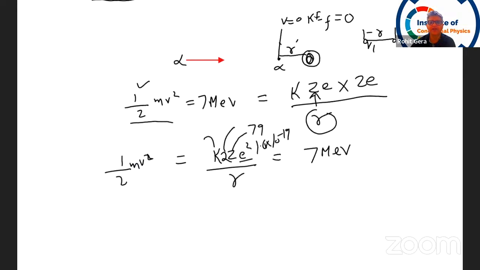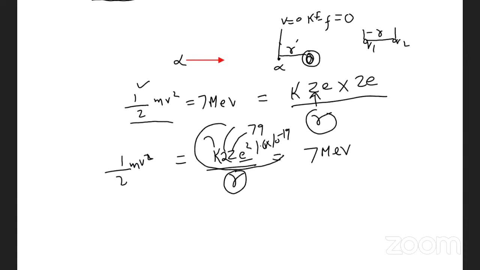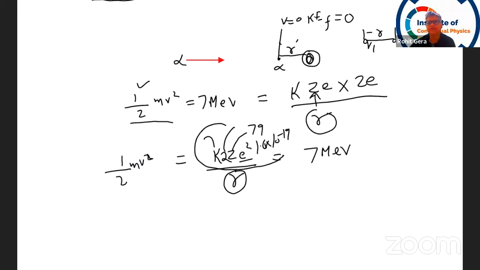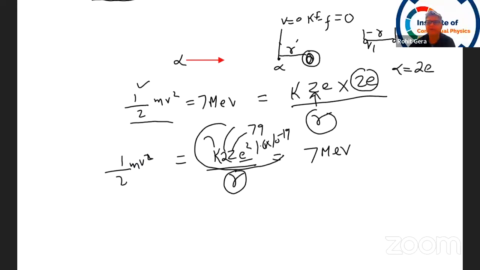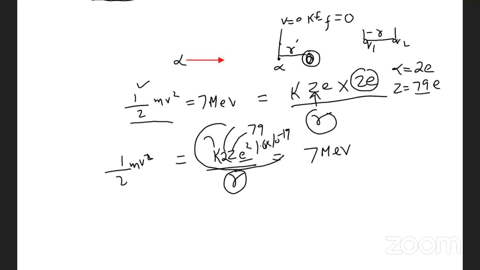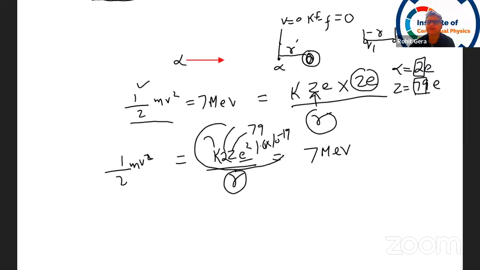Or you have to convert this whole thing, which will be in joules, into electron volts. Why is it written 2? Because alpha has a charge of 2e, and gold is 79e. That is the charge on the alpha particle and the charge in one nucleus of the gold foil.